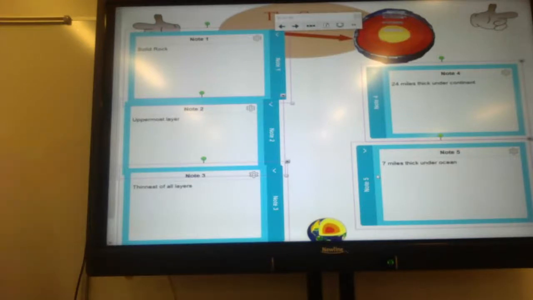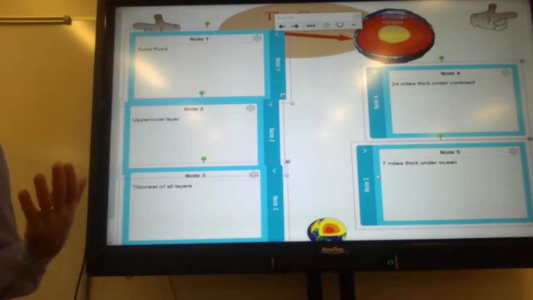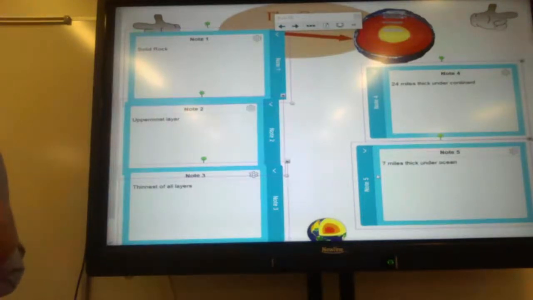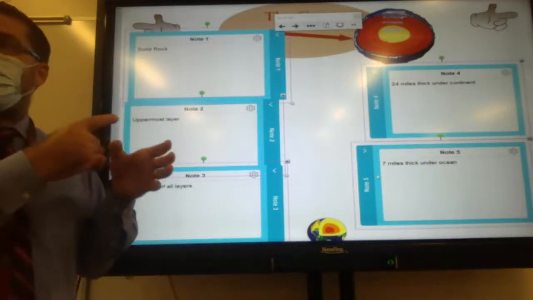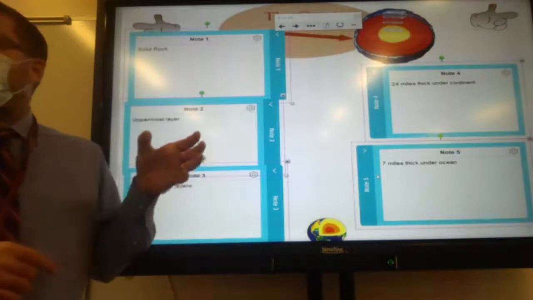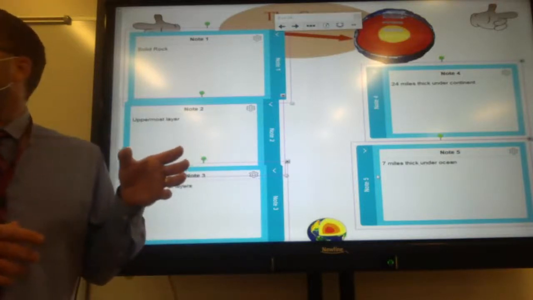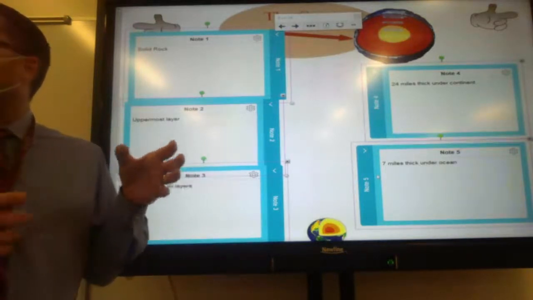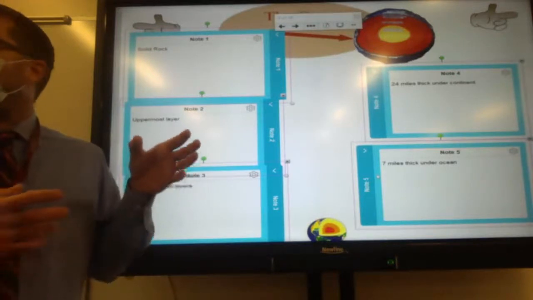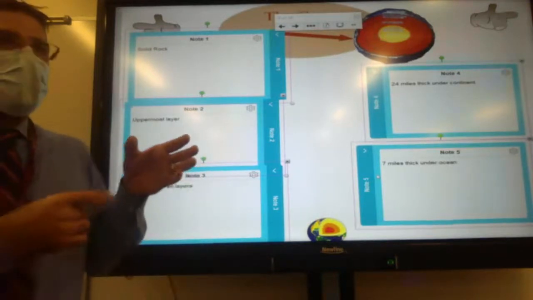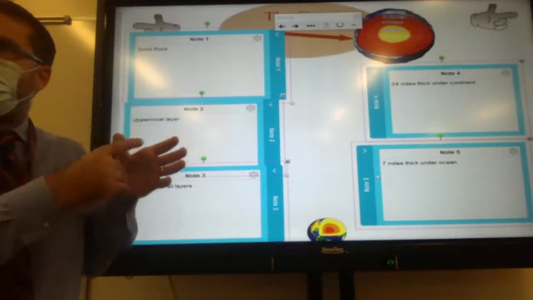All right, so everybody's seen an apple before, right? So when you cut an apple in half, and you're looking at one of the halves, you see how thin that apple peel is, right? That's basically a good analogy to the structure of Earth, because the crust of the Earth would be like the peel of an apple. Now, you have the white fleshy part of the apple, right?